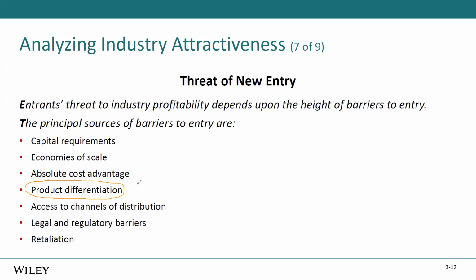I can't just walk into the industry, slap the name Johnston on it, and think I'm going to be able to charge as much as Louis Vuitton in the handbag industry. Again, we're analyzing the industry level here, so maybe the luxury handbags would be the industry if we were analyzing Louis Vuitton. I can't just walk into the luxury goods or luxury watches industry as a no-name. That would keep potential entrants out.